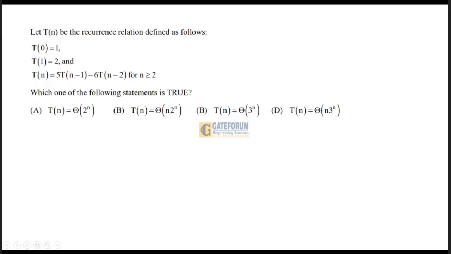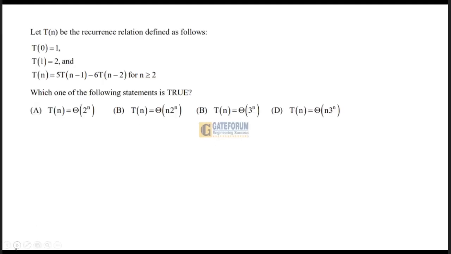The following question belongs to recurrence relation and was asked for 2 marks in algorithms, and the topic is recurrence relation. The question is, the recurrence relation is given t0 equal to 1, t1 equal to 2, and tn equal to 5tn minus 1 minus 6tn minus 2 for n greater than or equal to 2.